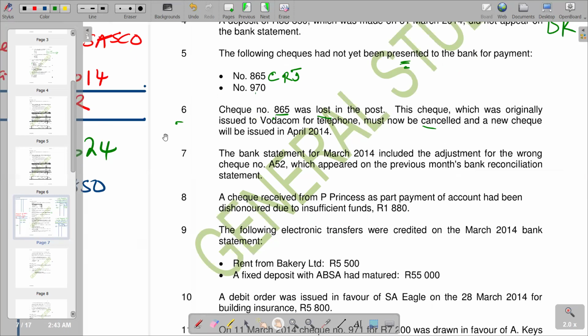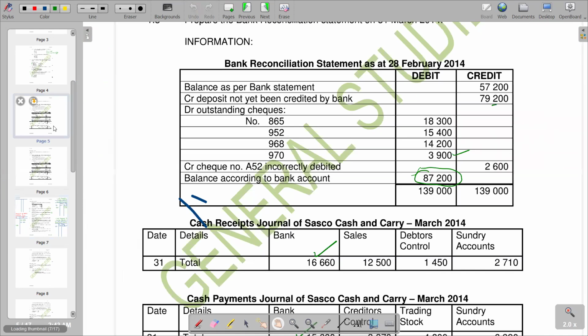So try to go back to see that A52 check, which is indicated here, check number A52 incorrectly debited. So it means this check is appearing again in the recent months bank reconciliation. So what does it mean?